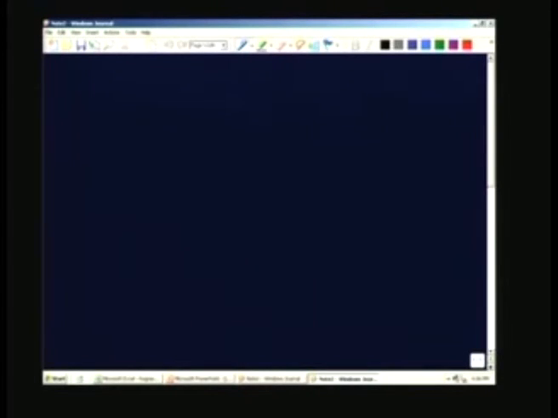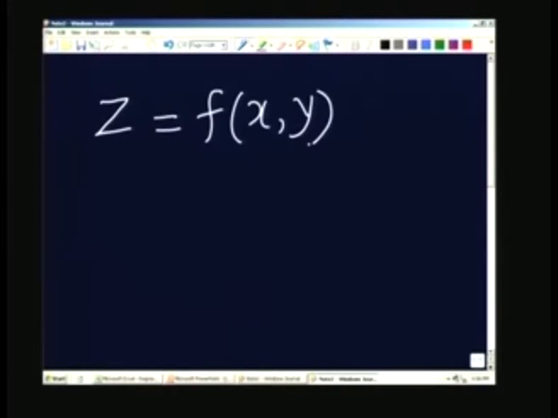Suppose we now generalize: instead of the hygrometric example, I can take a general example. Suppose I have a quantity z which is a function of x and y. In the example of the hygrometer, x will be the RH, y will be the temperature, and z will be the resistance.